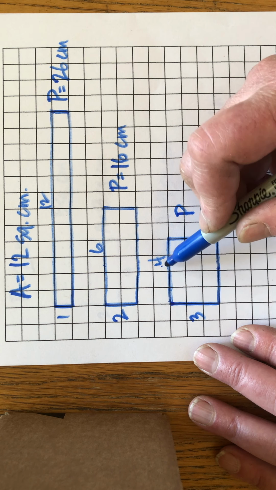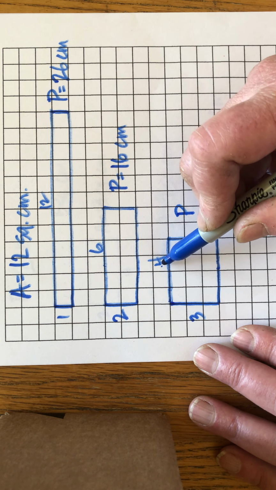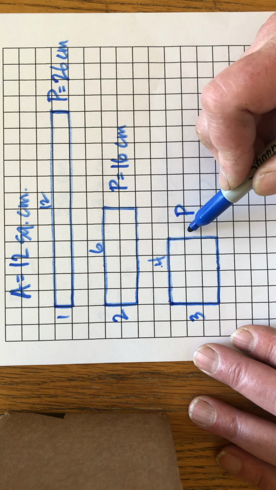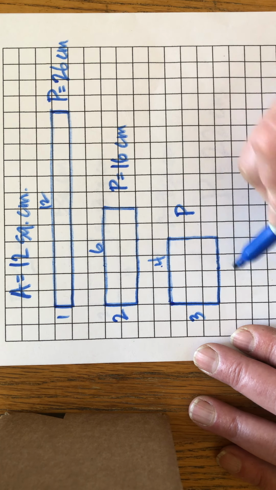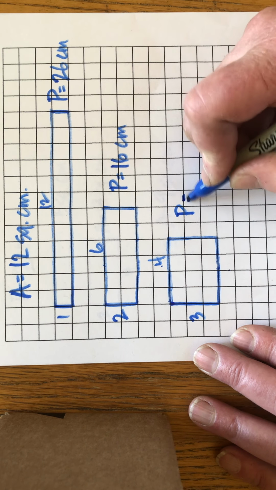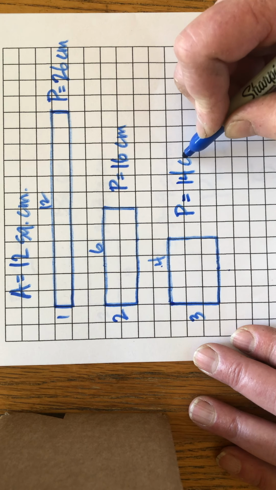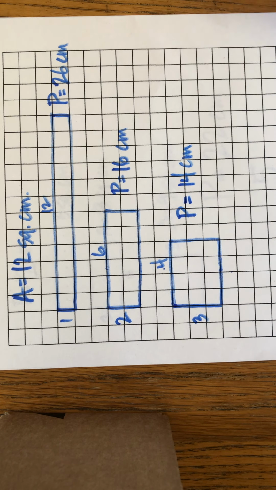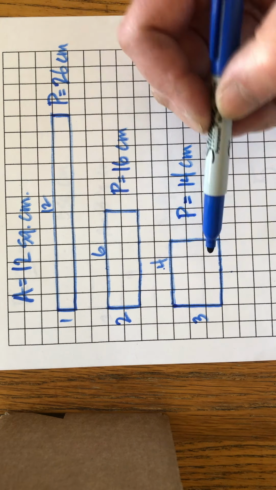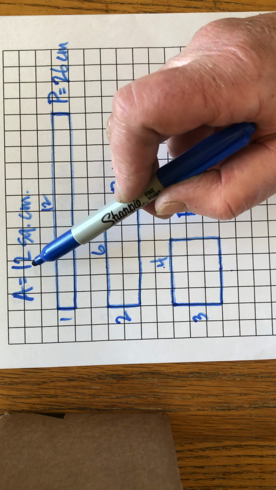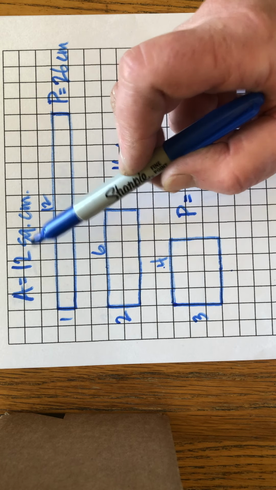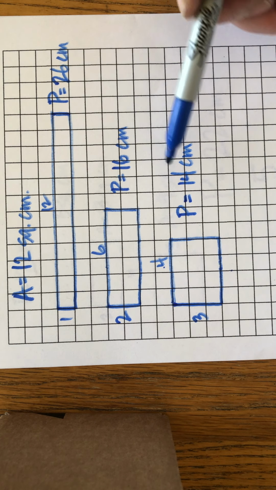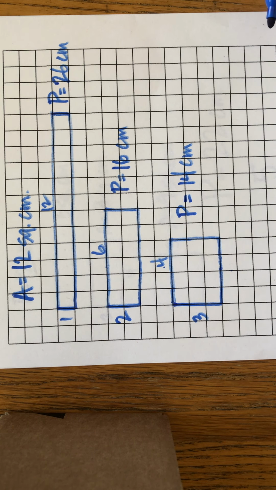So this is 3 plus 4 is 7, plus 3 more is 10, plus 4 more is 14. So the perimeter is 14 centimeters. All right, so there you go. You have 3 different rectangles. They all have the same area, but they have very different perimeters.